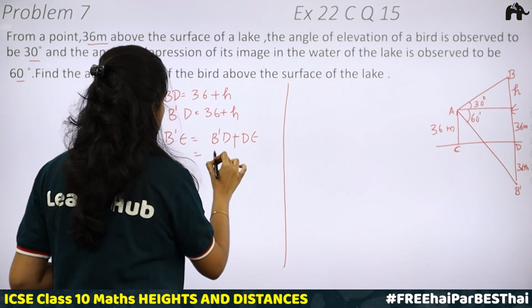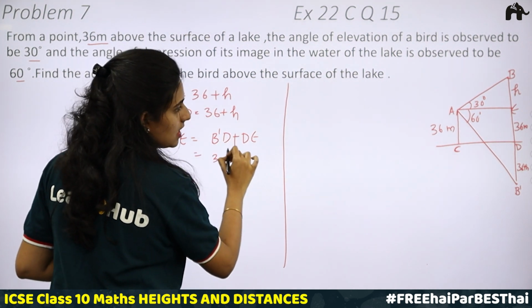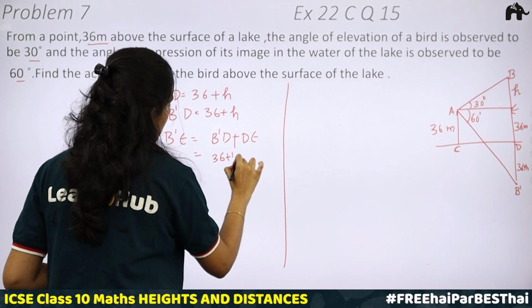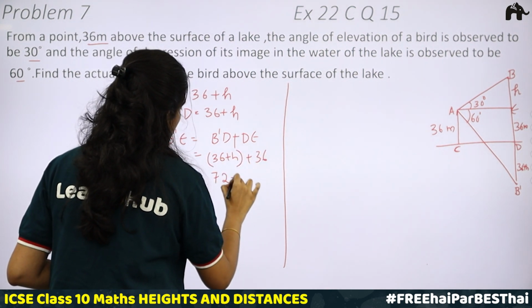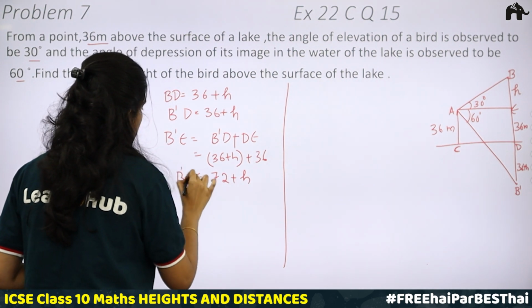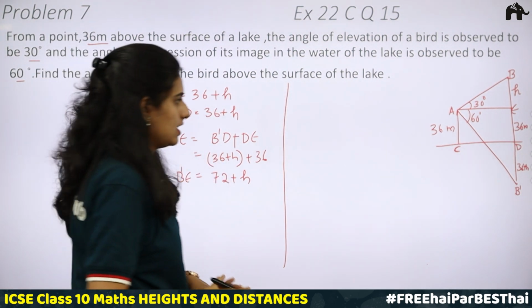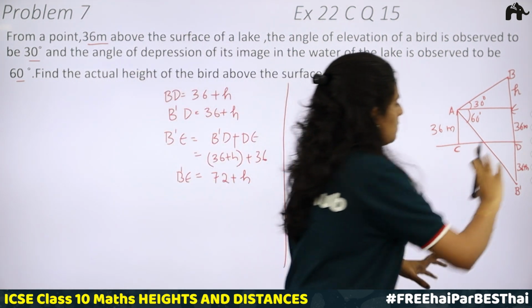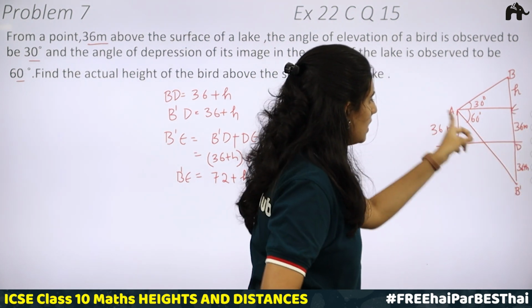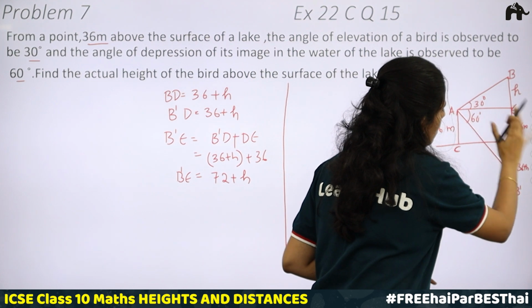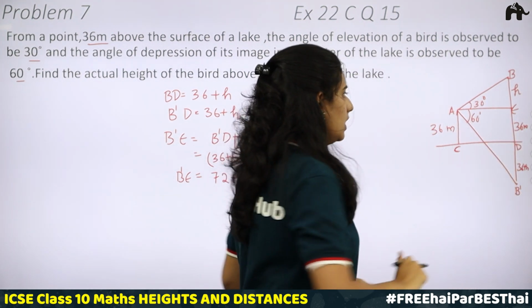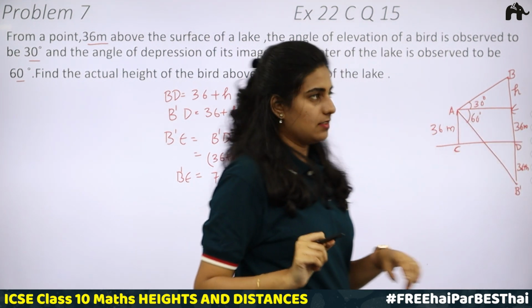DE is already 36. B dash D is 36 plus H, plus 36, which is 72 plus H. B dash E is equal to 72 plus H. Now, why do we need this B dash E? When you consider the triangle AEB dash, B dash E is the opposite side. So for calculation we require this.